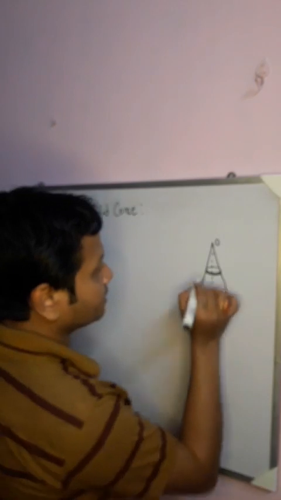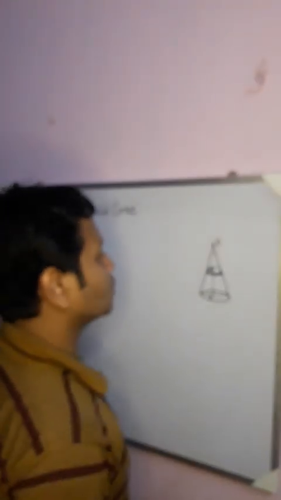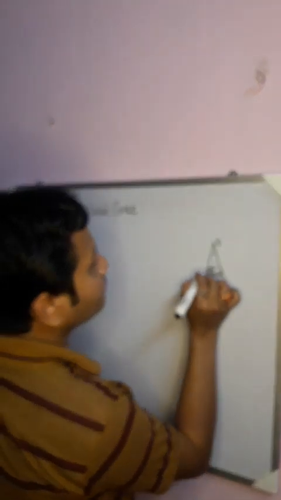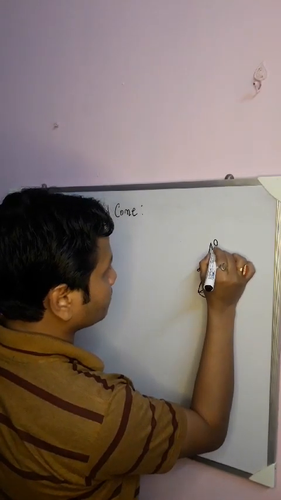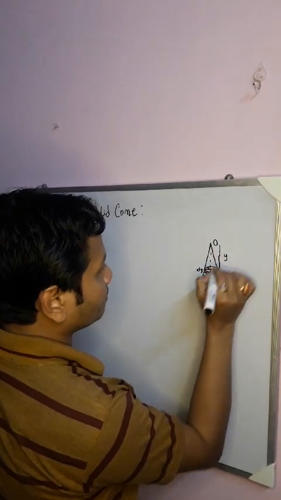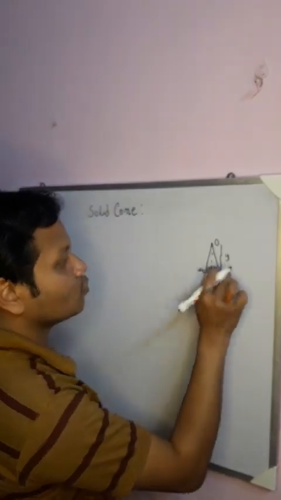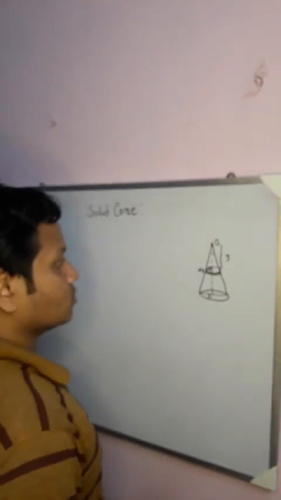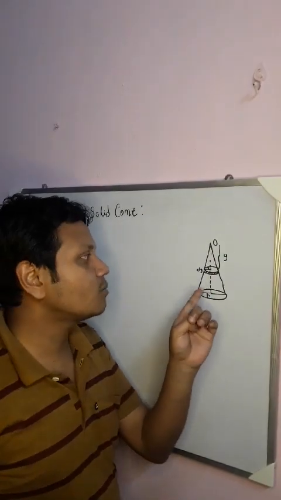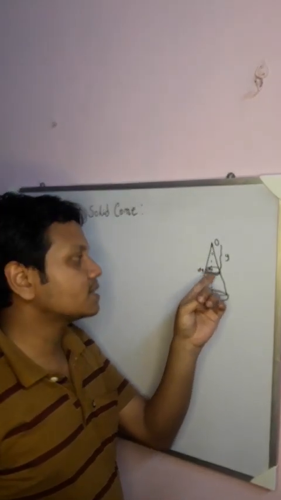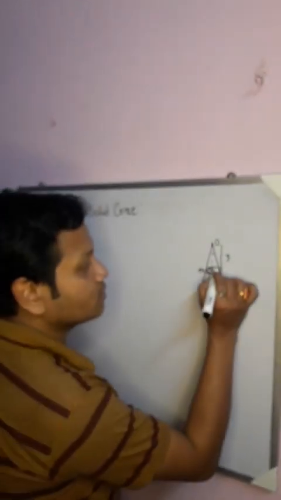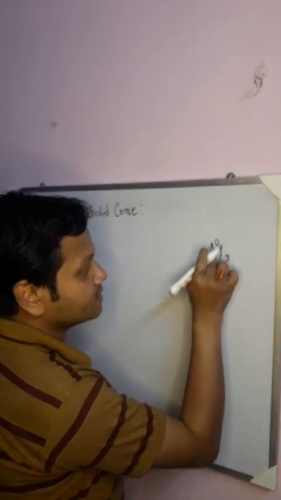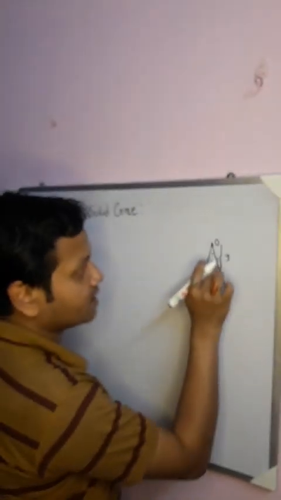So we take such a disc, say of radius x and width dy, that means the distance of the center of the disk from O is y. The cone consists of a large number of disks, so we take such a disk of radius x and width dy at a distance y from the vertex.